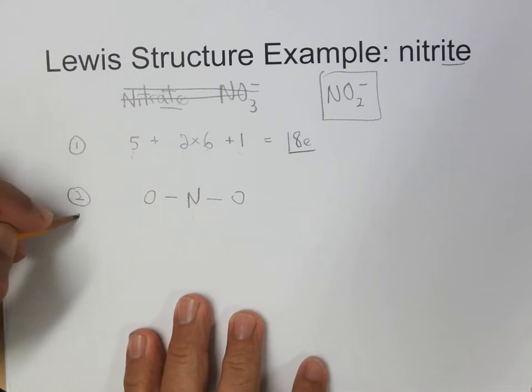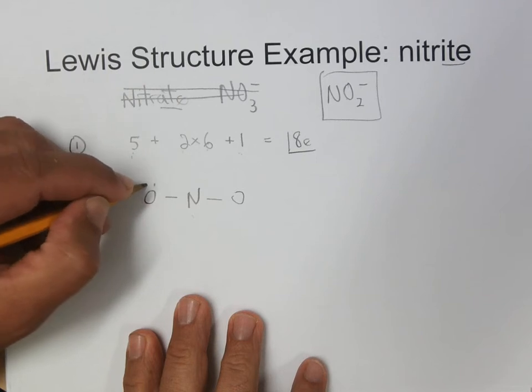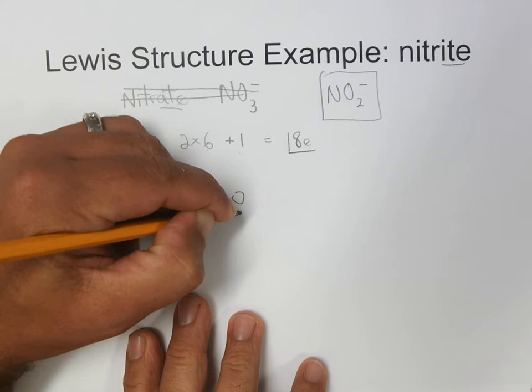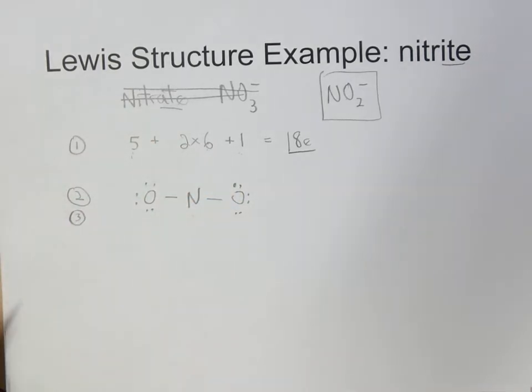The third step, I'm not going to bother to redraw this, because the third step is to put electrons on the non-central atoms to bring the electron count to 8 electrons in the environment of every non-central atom.